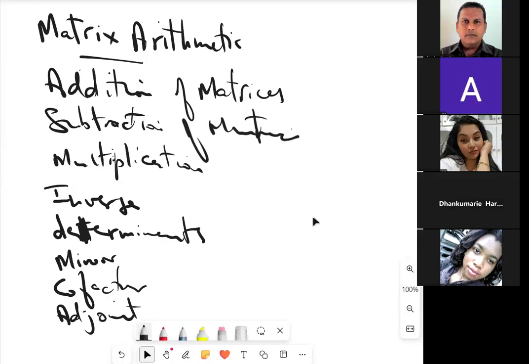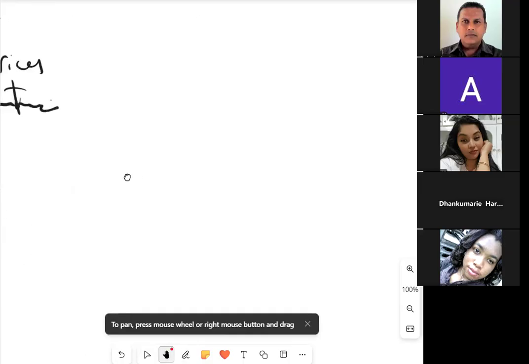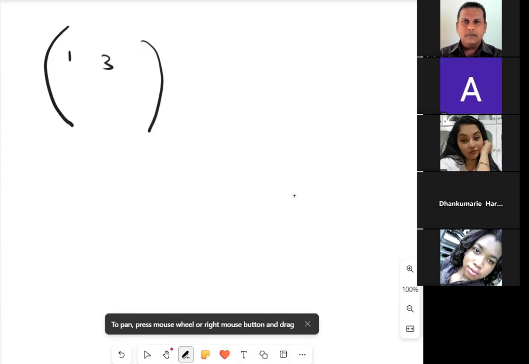So let's start with addition. That's the easiest. I hardly think you want me to show you that. We have two matrices and you have to add them.